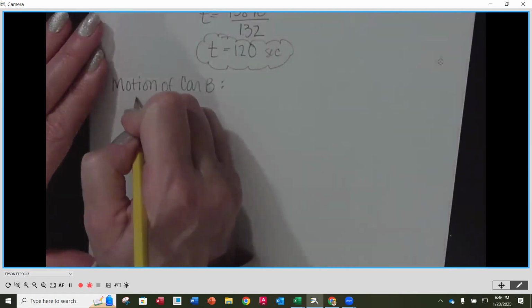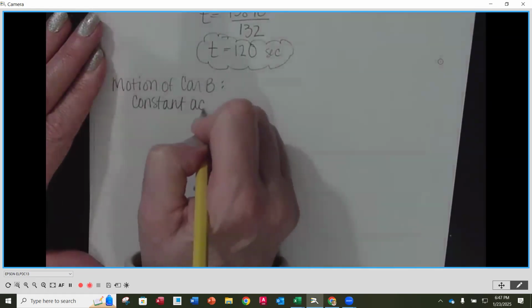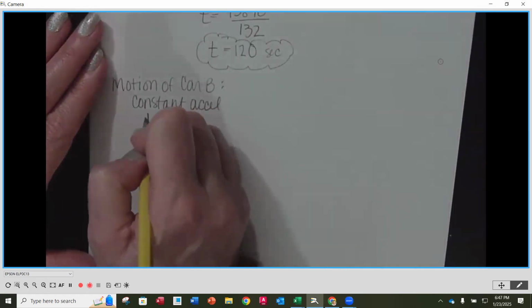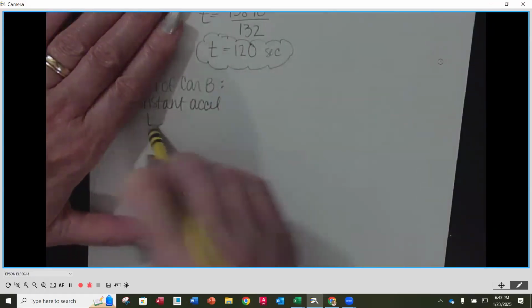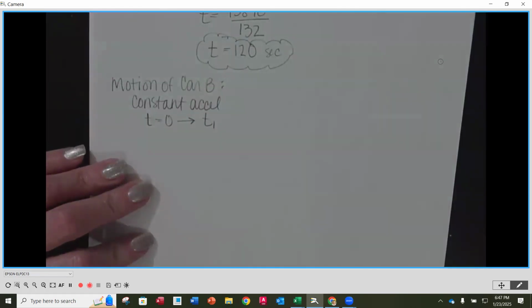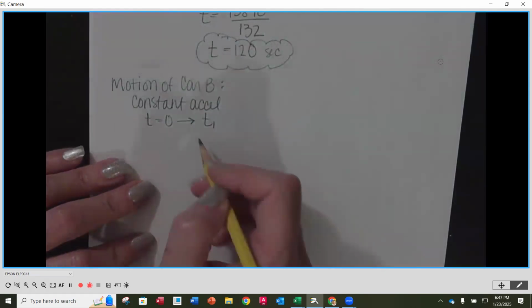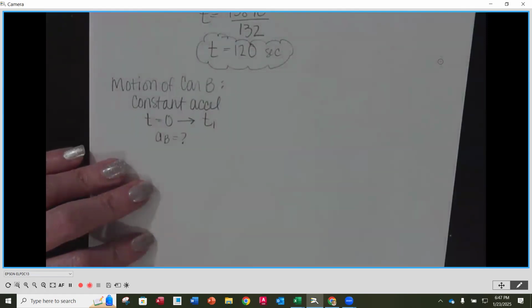So this is going to be my constant acceleration, which is going to be time equals 0 to T1. All right, so it's starting from the start to that first point. Now, we know that the acceleration of car B here is what we have to find.